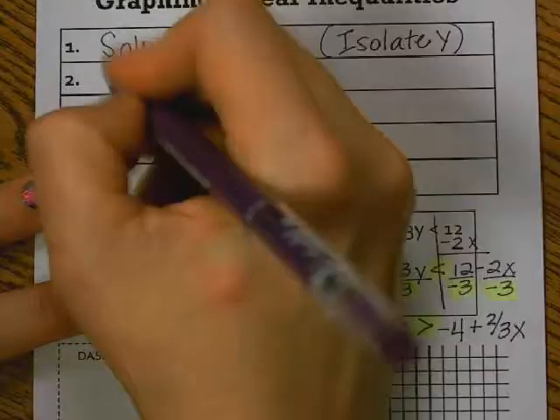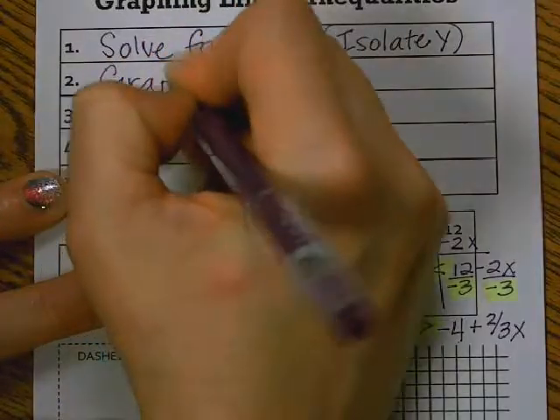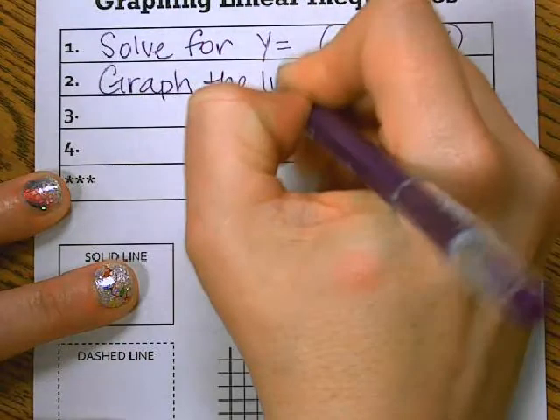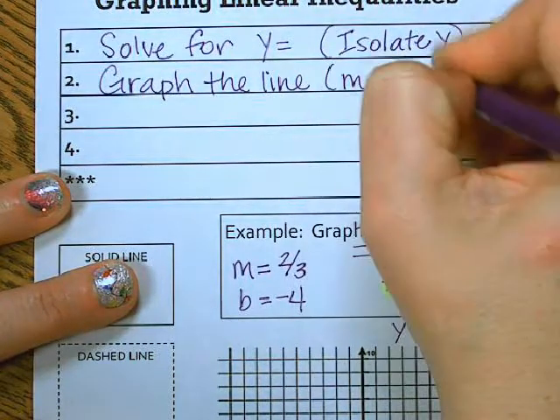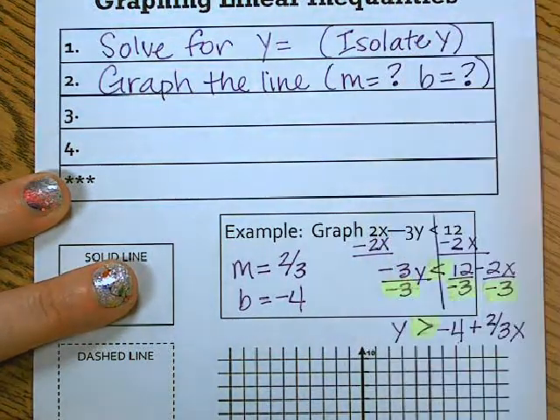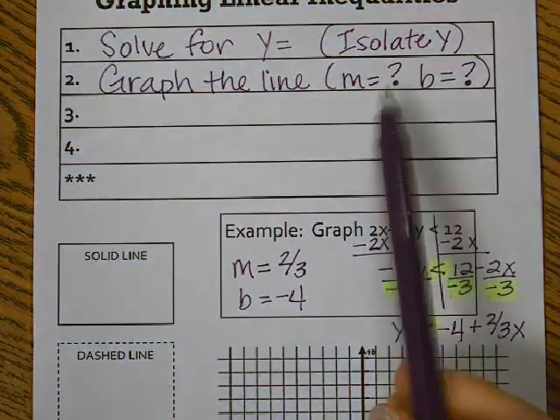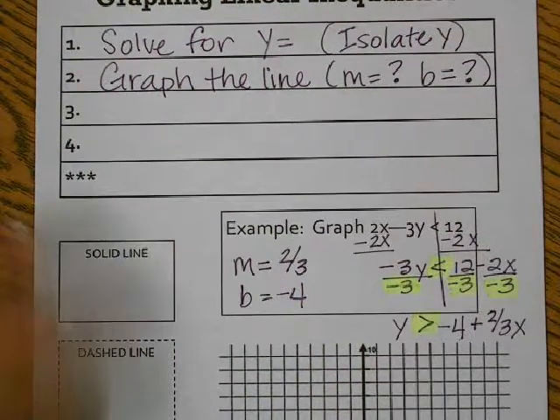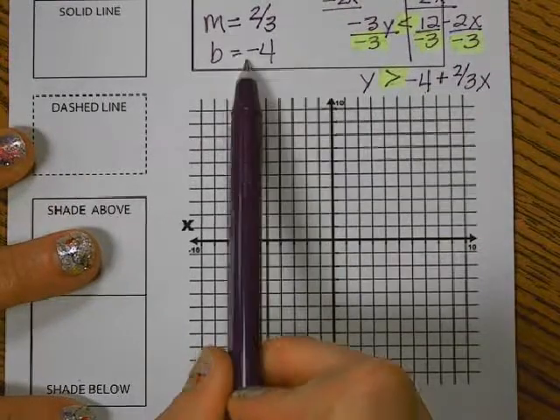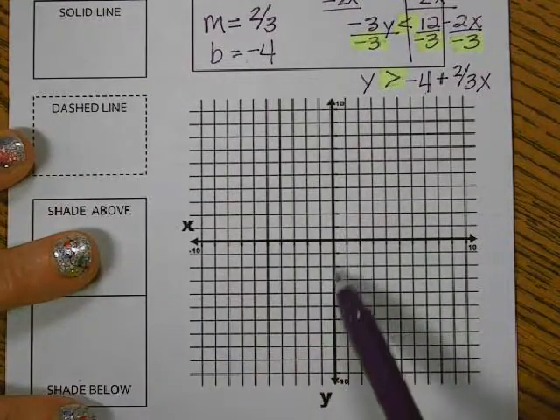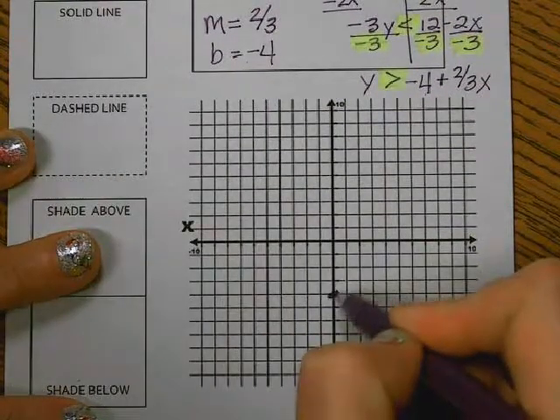So step 2 is to graph the line. We're going to say, what is m and what is b? Okay, so to graph the line, we're going to find m and b. So let's go over here to our graph, and let's go ahead and graph it. It begins at negative 4. So we're going to put a dot at negative 4.